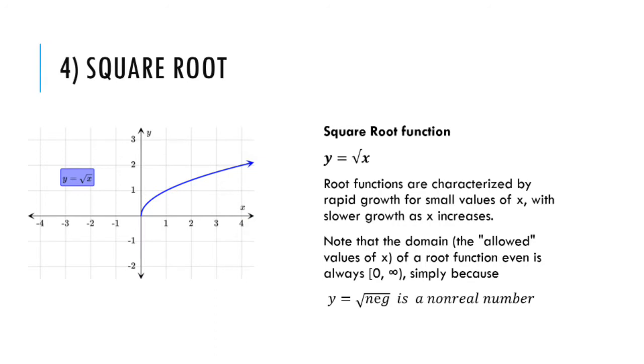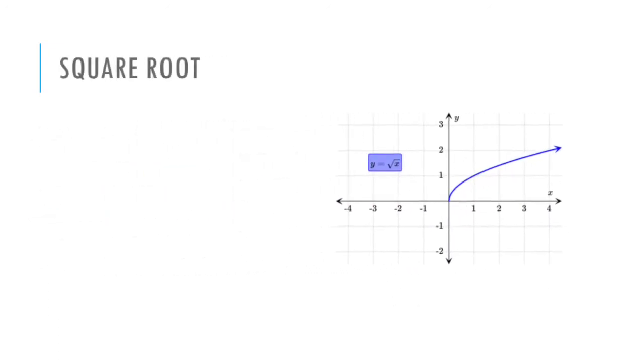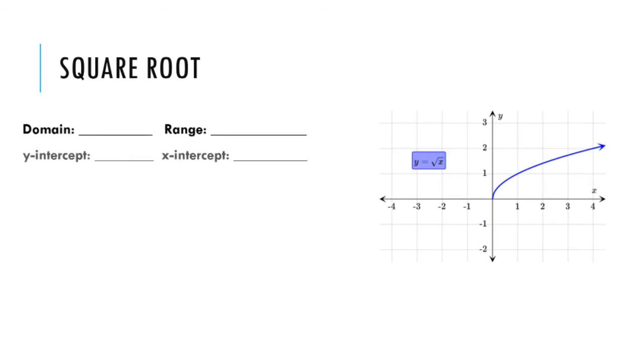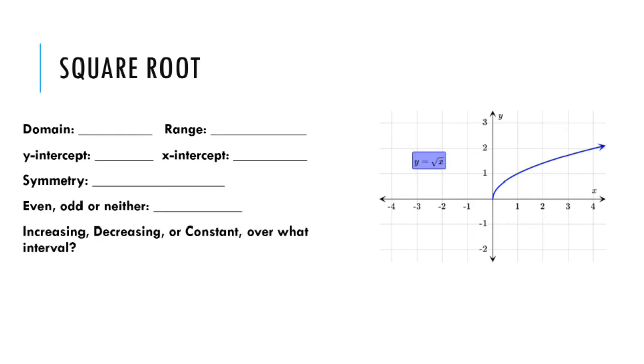So you see there's nothing here on the negative side of the x-axis because the square root of a negative is a non-real number. Go ahead, draw the picture of the square root in your notes and write down the domain and range. Stop the video please before we answer the questions together.